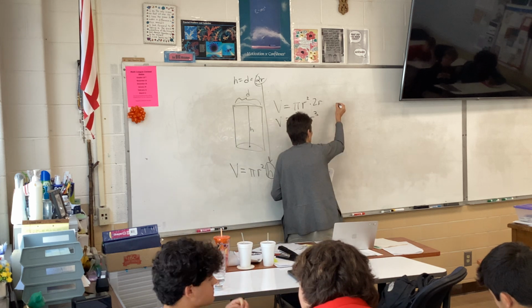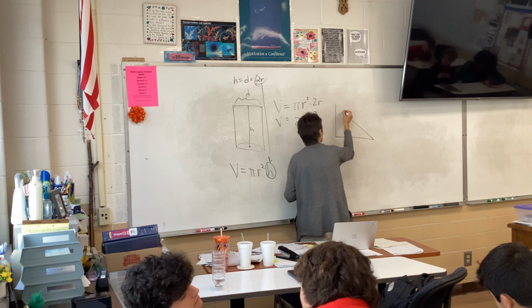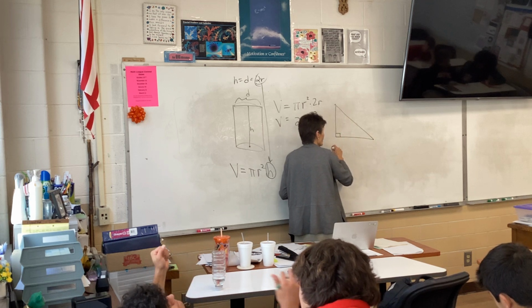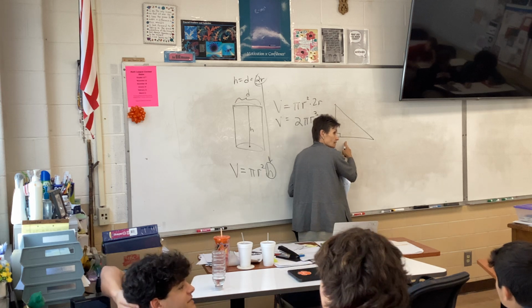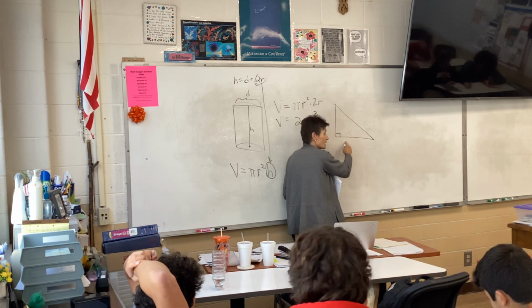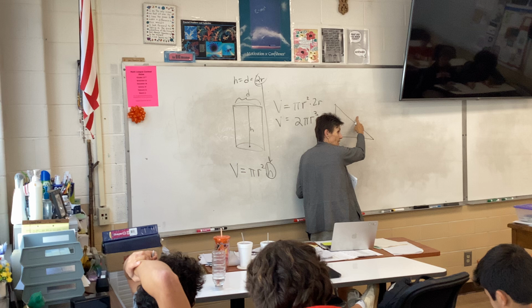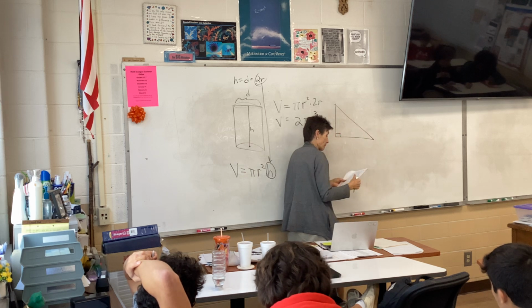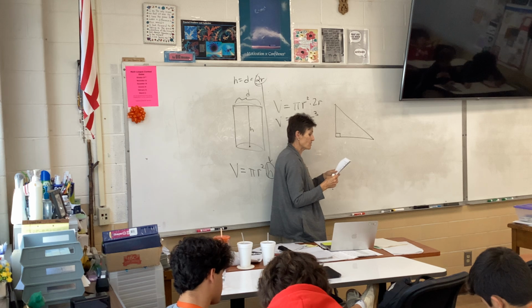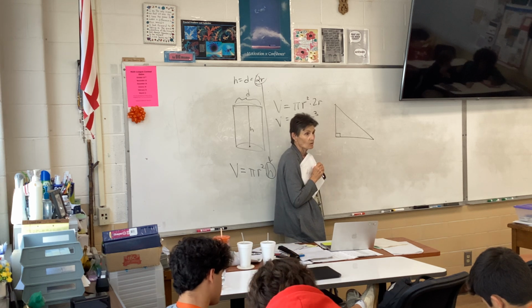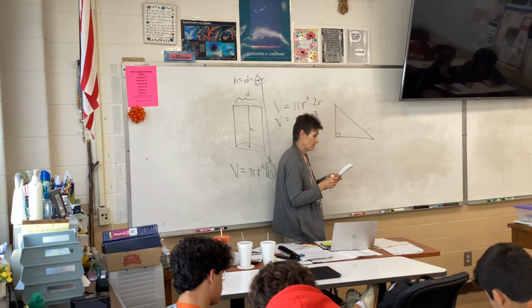All right, so let's see about number 16. Now we have a right triangle. And you know from geometry that these are called the legs, and that's called the hypotenuse. One leg of the right triangle is twice as long as the other.